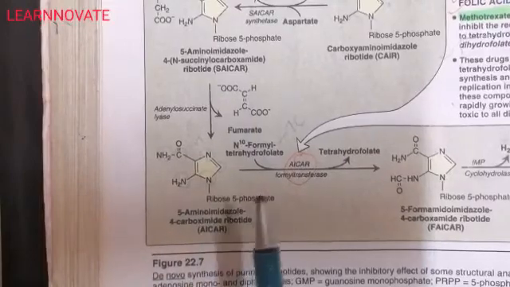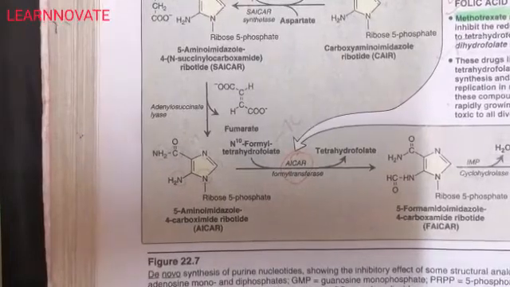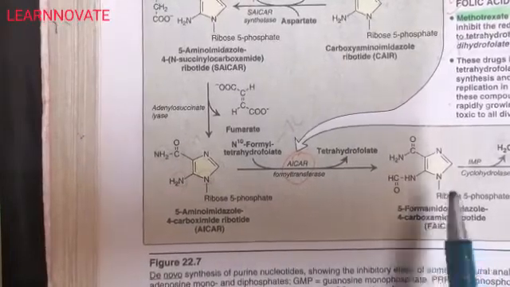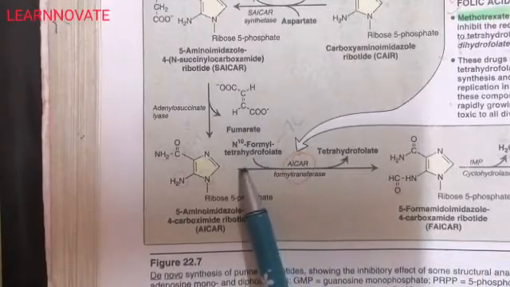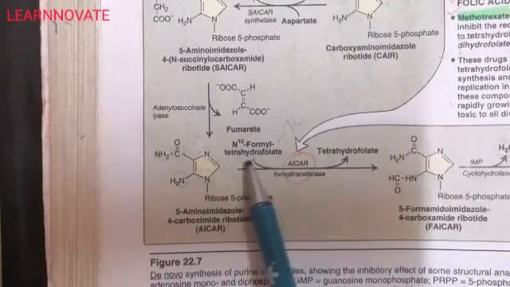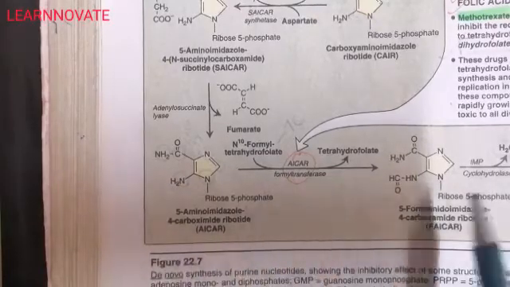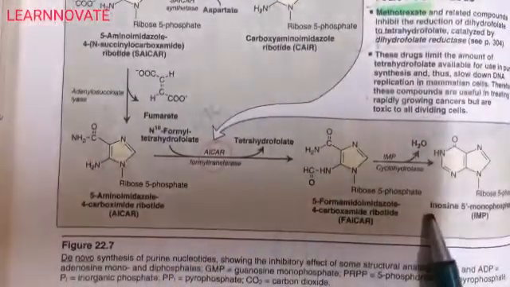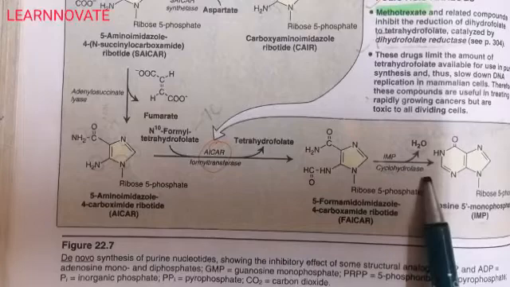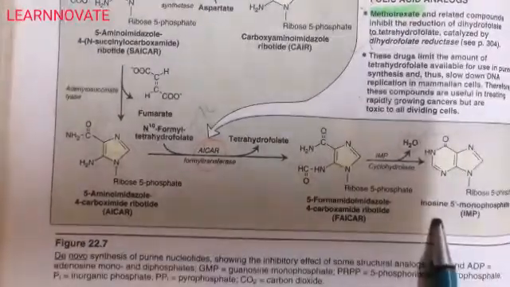This compound is now going to convert into the major one, that is the FAICAR, and this FAICAR conversion happens because of the presence of N10 formyl tetrahydrofolate, which is going to contribute 1 more carbon atom. So at the end, in the presence of IMP cyclohydrolase enzyme, we are going to convert this compound into inosine 5 monophosphate.